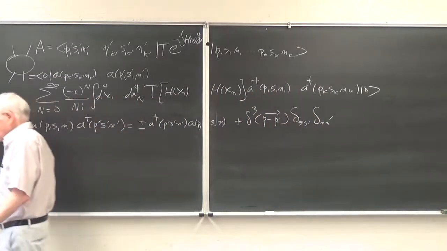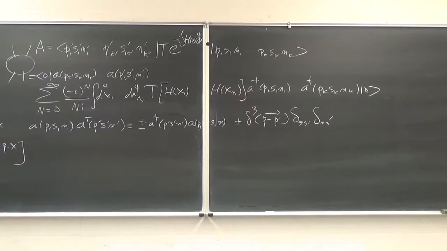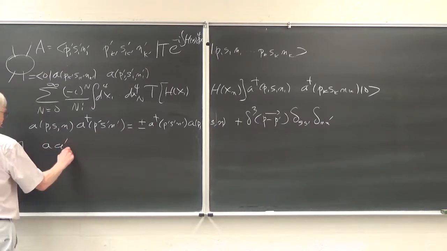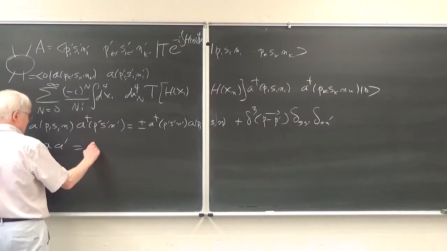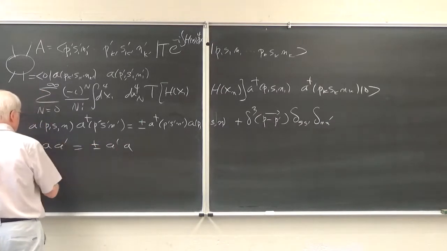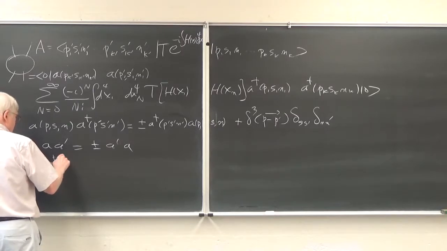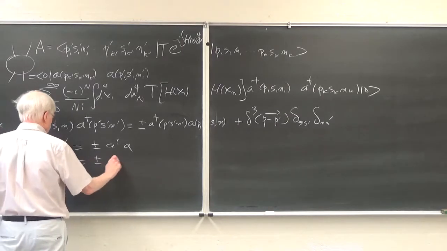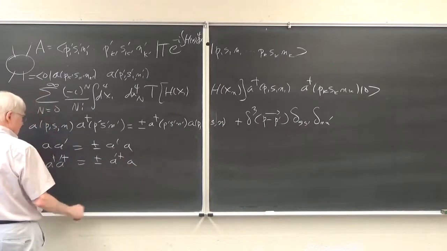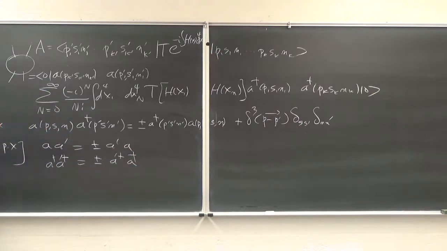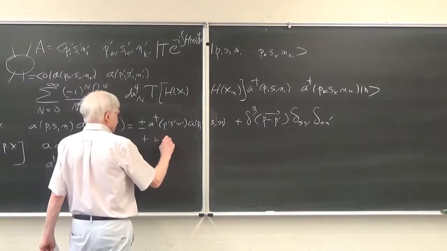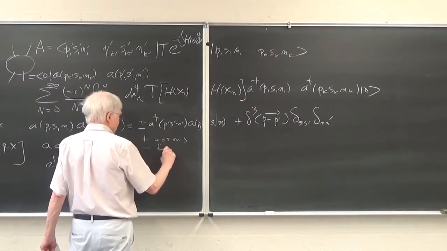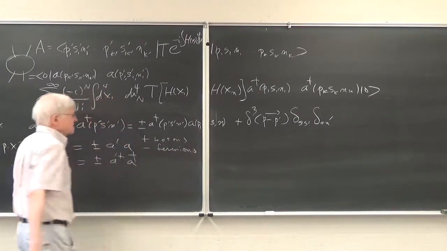And then, of course, if you have annihilation operators crossing, or creation operators crossing, then you have A A prime equal to plus or minus A prime A, and A dagger A prime dagger equal to plus or minus A prime dagger A dagger. So you have those rules, plus for bosons, minus for fermions.